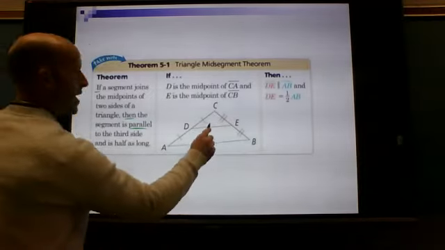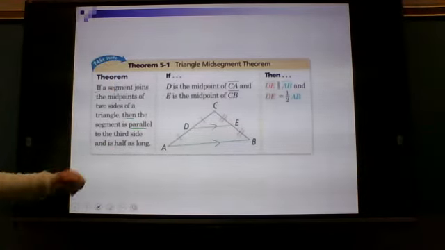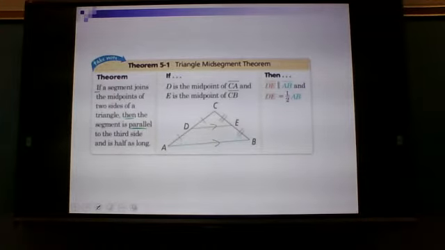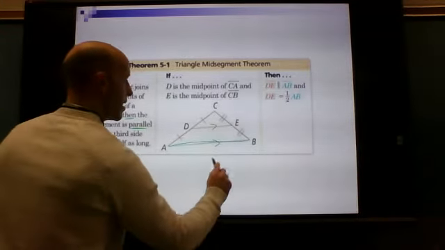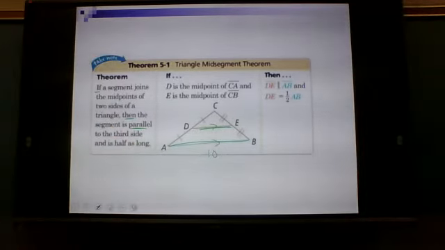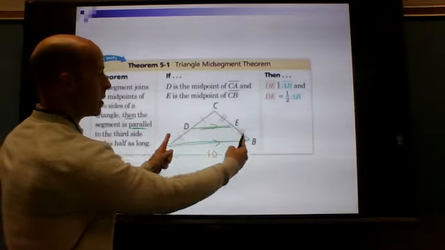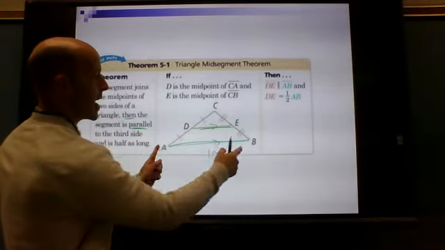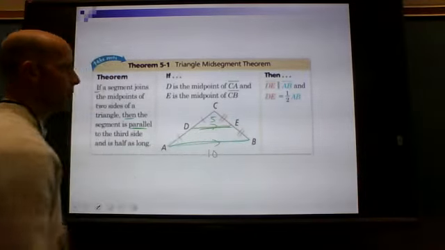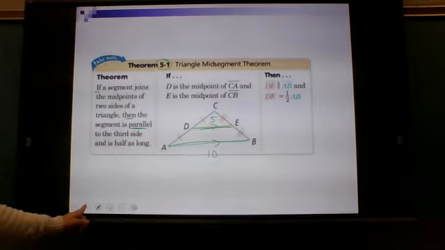So the mid-segment is parallel to that third side, and it's half as long. So if this segment right here measured 10, then this segment here would have to be 5. So that's what the triangle mid-segment theorem says: if this is a mid-segment, then it's parallel to this side here, and it's half as long. So that's Theorem 5.1, the mid-segment theorem.